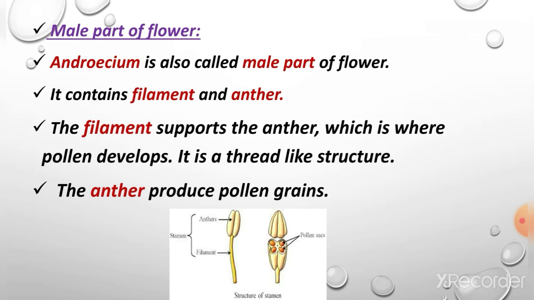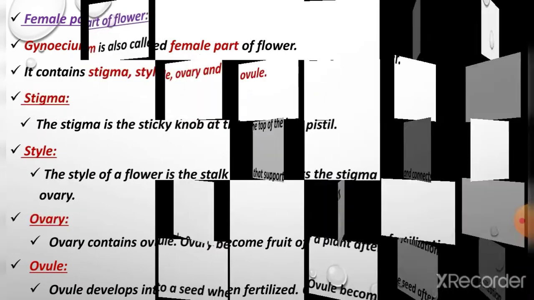So androecium is also known as the male part of the flower, or we can say stamen. What things are present in stamen? Filament and anther.